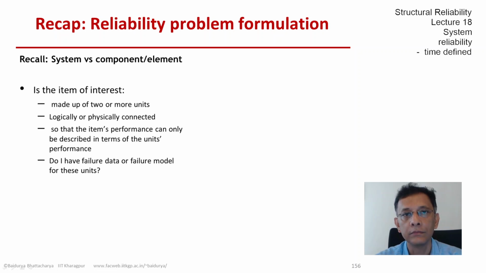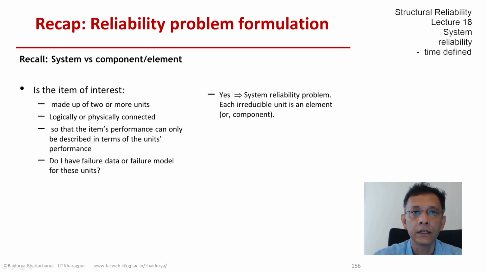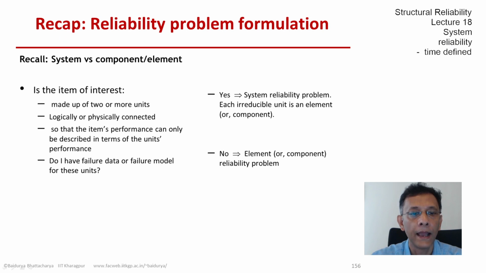And then, of practical interest, do I have failure data or a failure model for these units? If the answer is yes, I have a system reliability problem, and each such unit that cannot be reduced any further is an element or a component. And if the answer is no, then I have an element reliability problem. So today we are going to look at the system reliability problem.